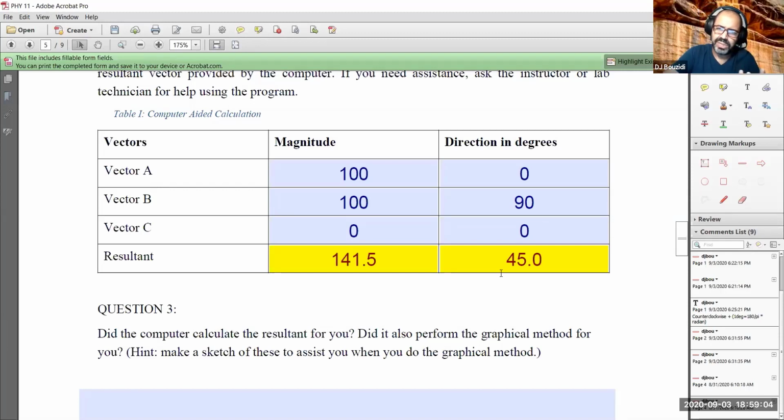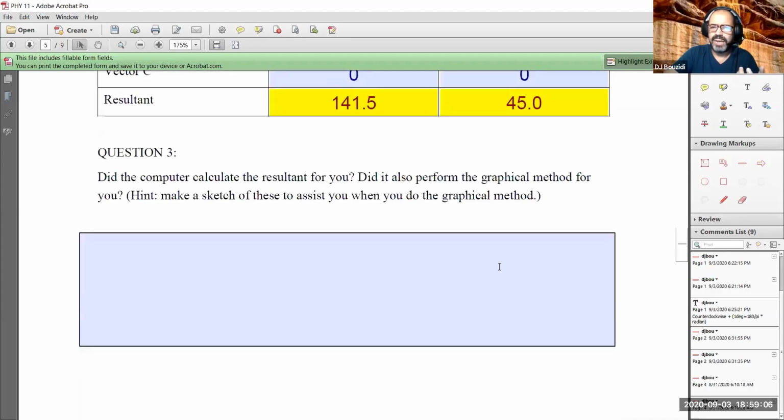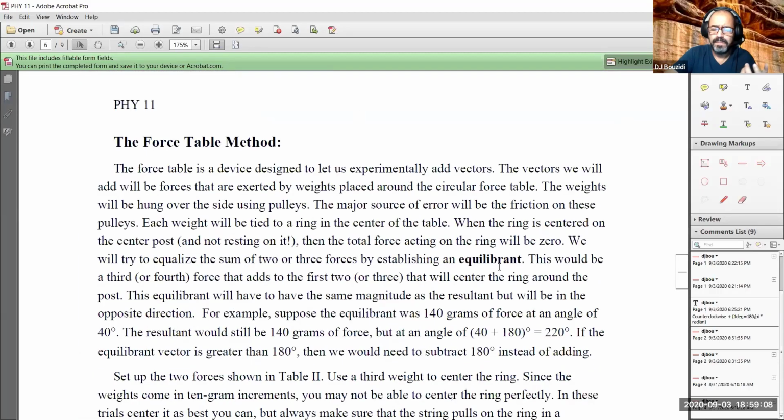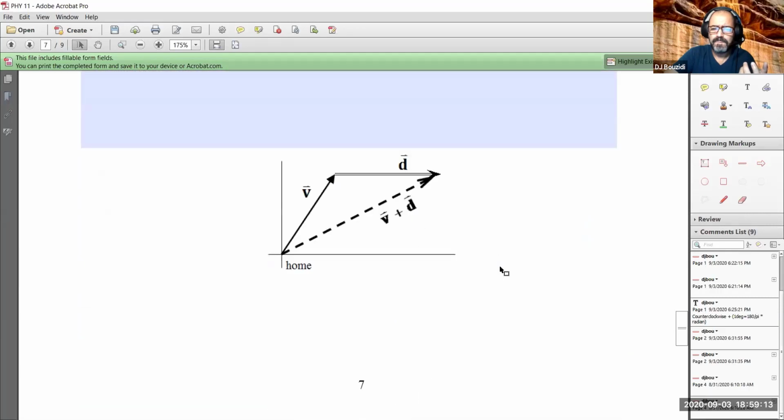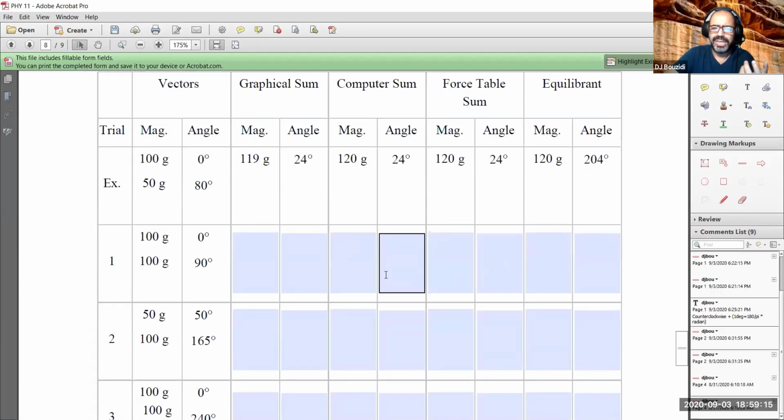You're going to round it. And this is 45. So I come in here and put 142 and 45. Very easy, isn't it? With the computer program, because you already have the computer. If we're not doing this online, I give you the actual Excel spreadsheet, which gives you the same numbers.